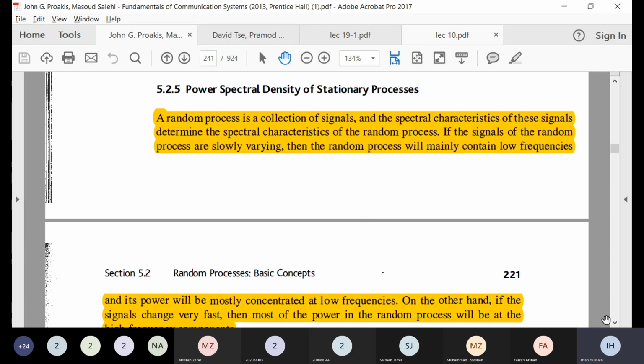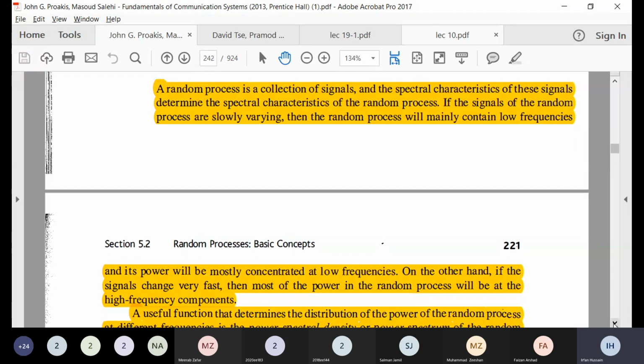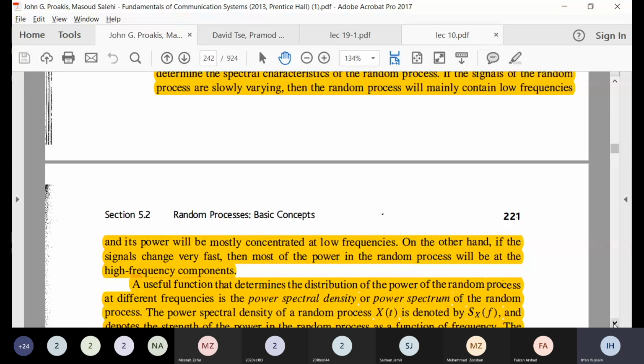If they are slow, then the spectrum will contain low frequencies, or its power will be at low frequencies. Once the signals of the random process are of high frequencies, the power will be mostly around high frequency components. Otherwise, it will be mostly low frequency.